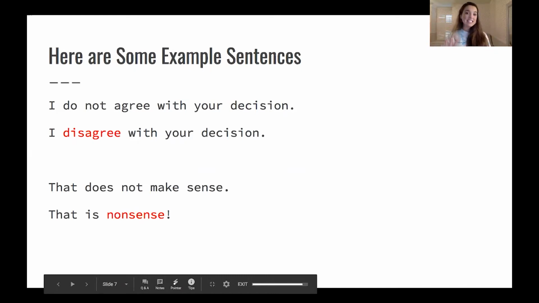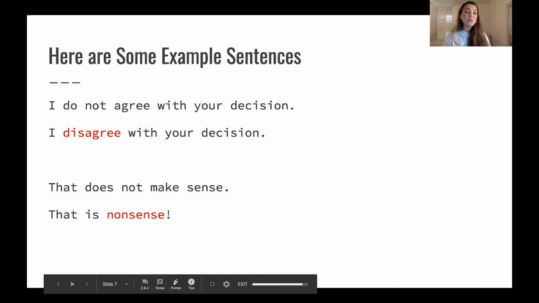So disagree and do not agree mean the same thing, but you just don't have to use as many words and it sounds a little bit nicer to say. I disagree with your decision. It's just fluent and helps condense things a little bit.